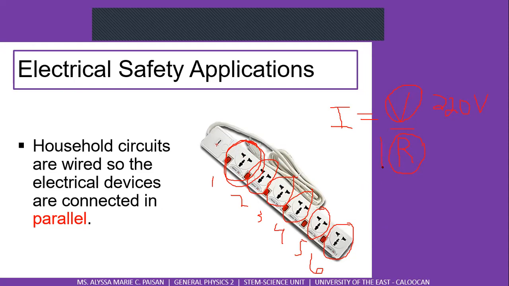At kapag lumiit yung resistance, halimbawa maglalagay ka dito ng sasaksakan ng TV. Syempre, may resistance din yung TV mo. Tapos, let's say dito nagsaksak ka ng laptop. Ayan. Tapos dito nagsaksak ka ng washing machine.